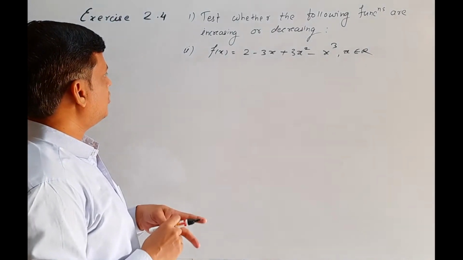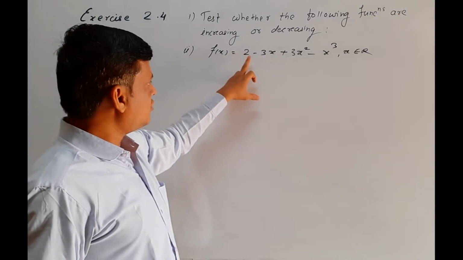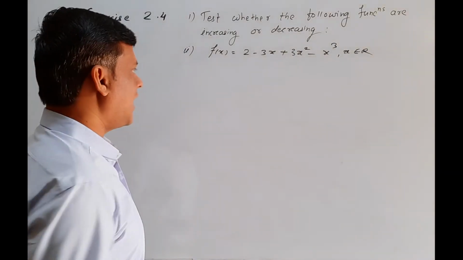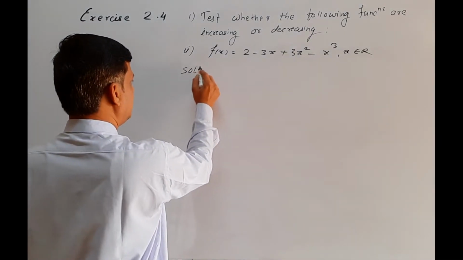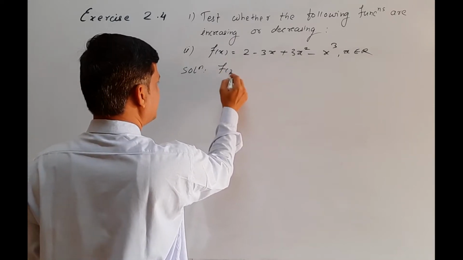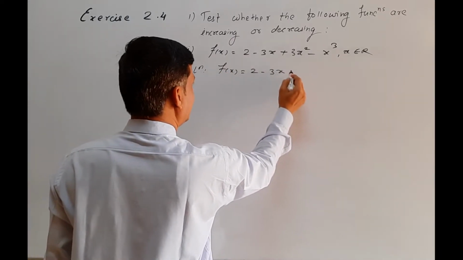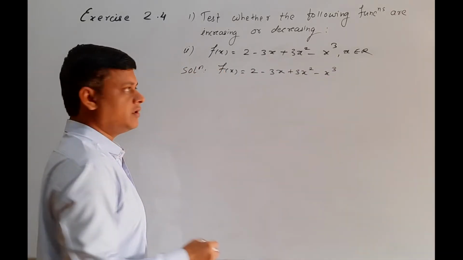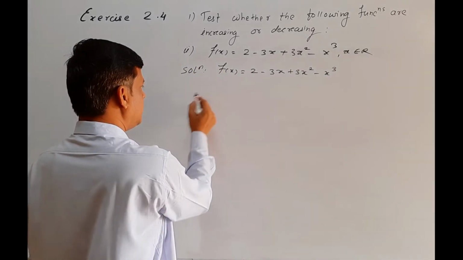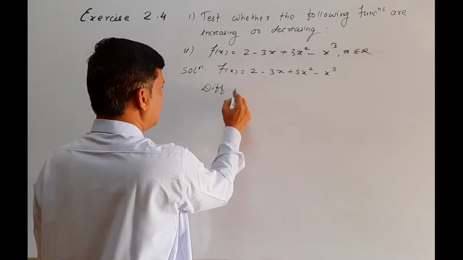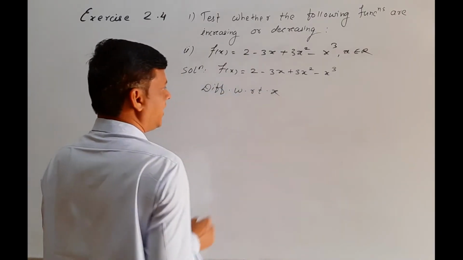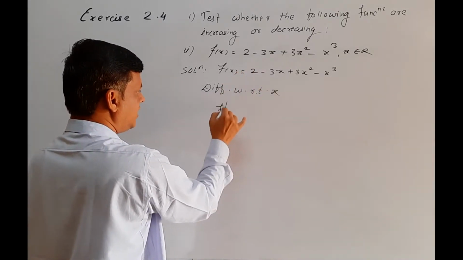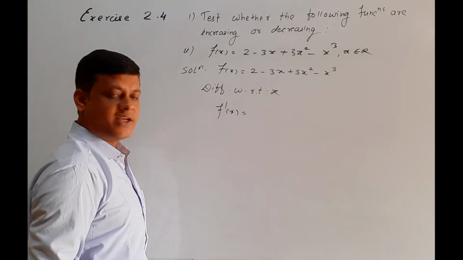Now see the second sub-question. F of x equals 2 minus 3x plus 3x square minus x cube, x belongs to R. In solution we write f of x is equal to 2 minus 3x plus 3x square minus x cube, which is the given function. We have to check increasing or decreasing, so we differentiate with respect to x to find f dash of x.